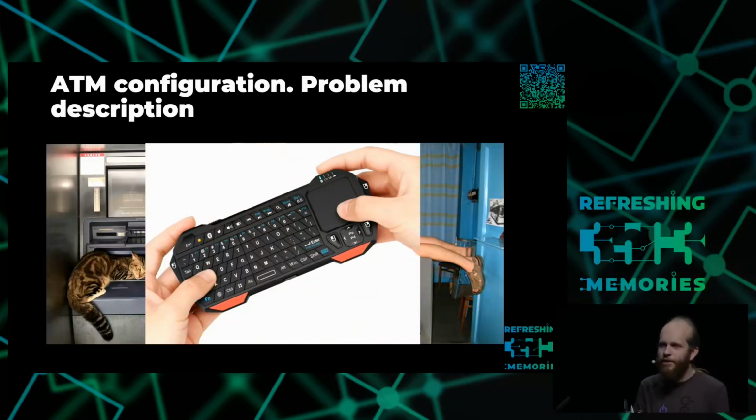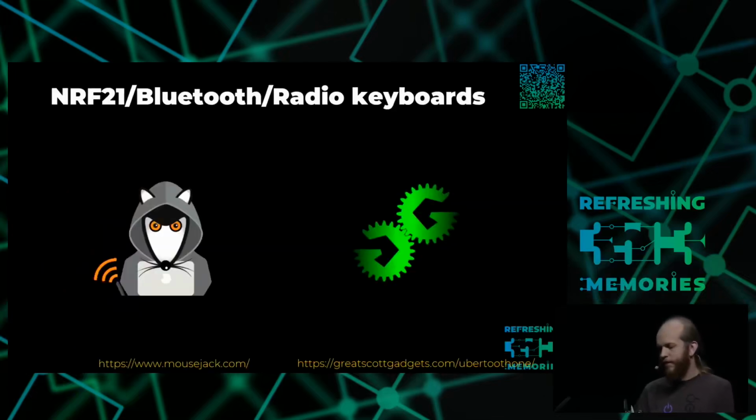Unfortunately, it's the general idea in some banks and in some companies that they can use a single dongle that is connected to the ATM machine and conduct different activities on the ATM machines. And it's kind of scary, because there are different kinds of research that affected this kind of wireless devices. For example, the mouse jacking attack that affects the nRF24 chip.